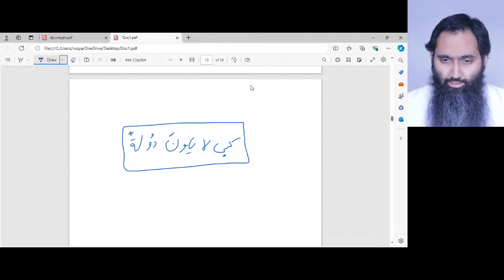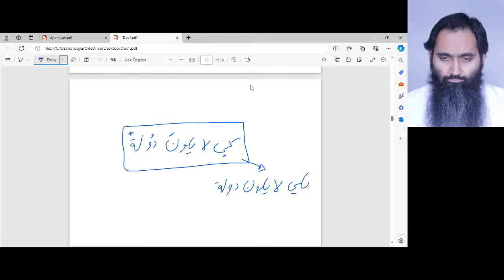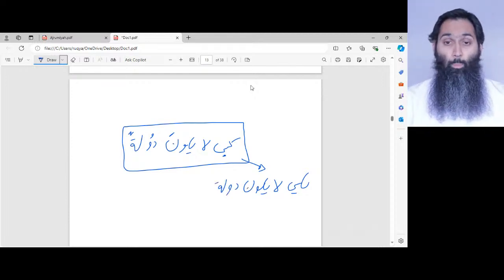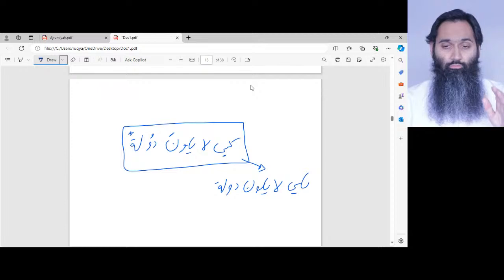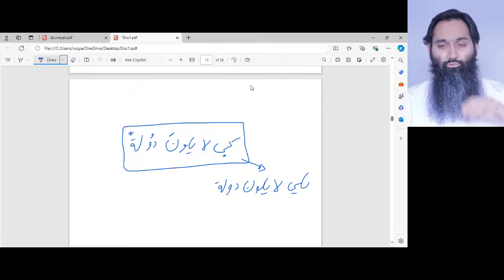Yes, so then it would become لكي لا يكون دولة. So we can assume that lam is there, the harfu ta'leel wa jar is there before.